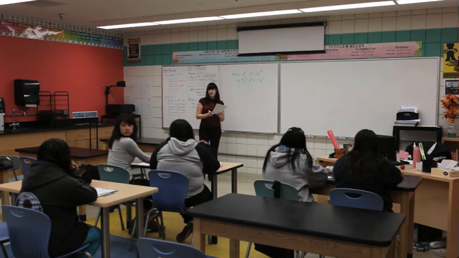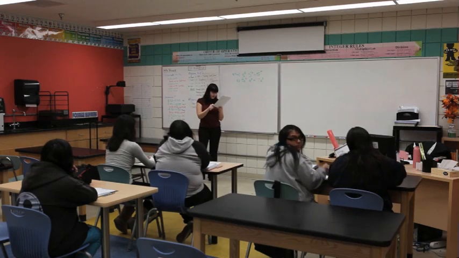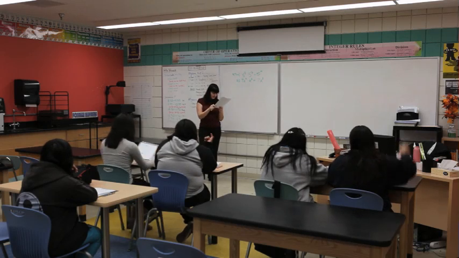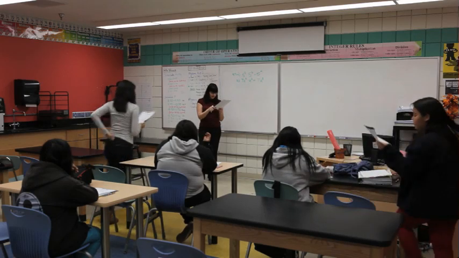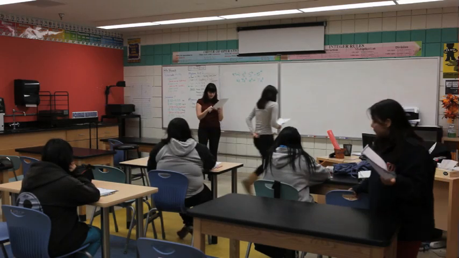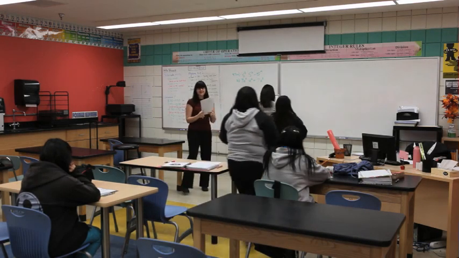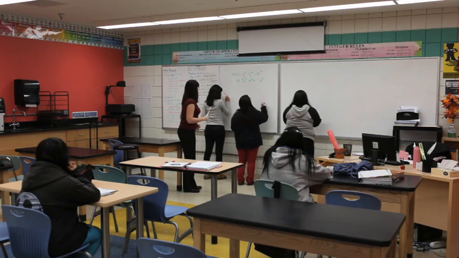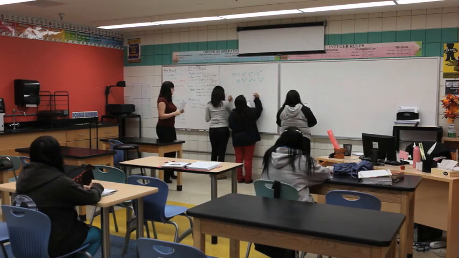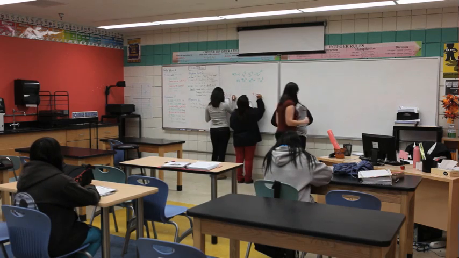So the next thing we have is a checkpoint, 30 through 37. And I'd like a few of you to come to the board. Gemelix, can you come up and do number 30? Rosalind, 31. Ruby, 32.